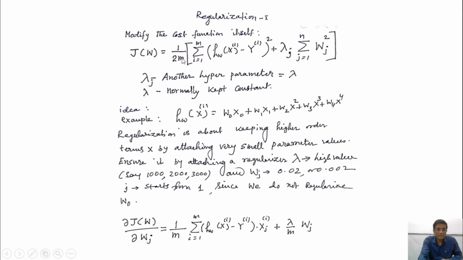So this was our very well known, many times seen cost function. Now we are adding some lambda times summation of j equals 1 to n of w j squared. Incidentally, this is called the regularizer term.